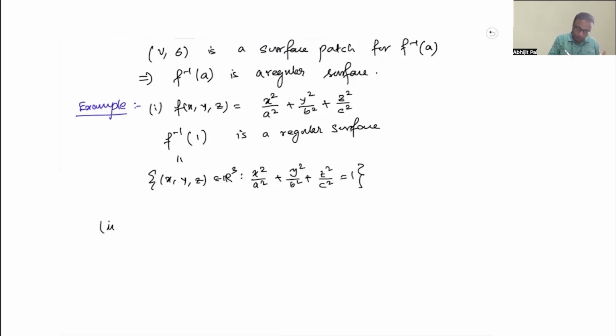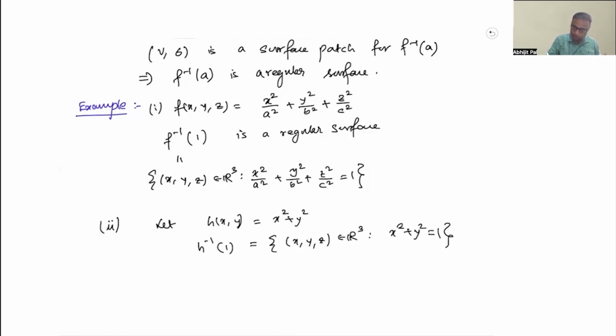Now let us take the function h(x, y) equal to x square plus y square. What will be my h inverse 1? This is all those (x, y, z) in R3 such that x square plus y square is equal to 1.